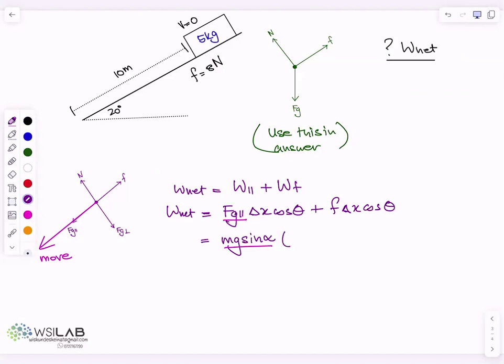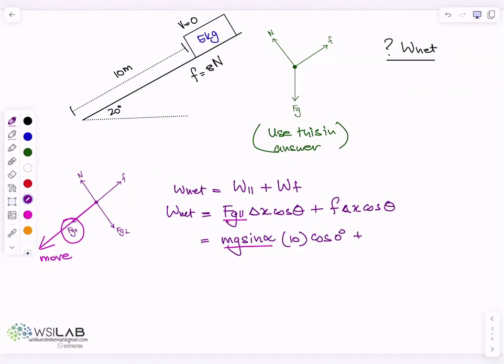The distance is 10 meters and then cos 0 degrees, because there's a 0 degree angle between the direction of movement and the parallel component.